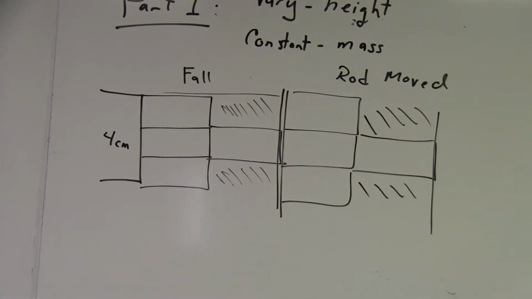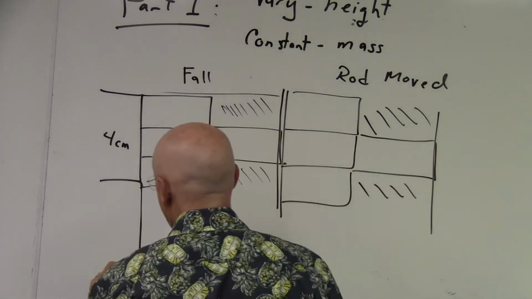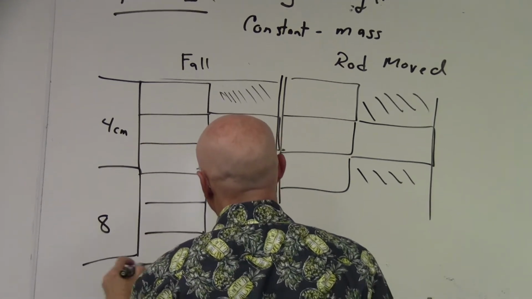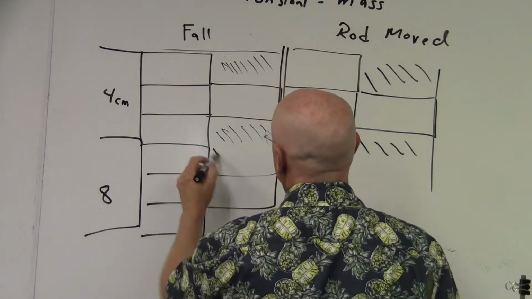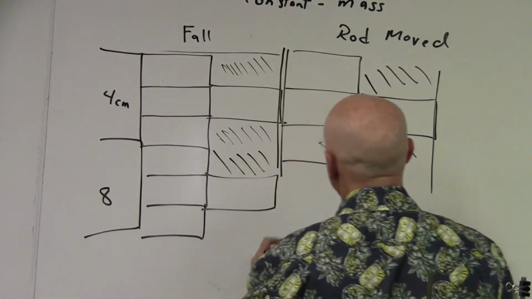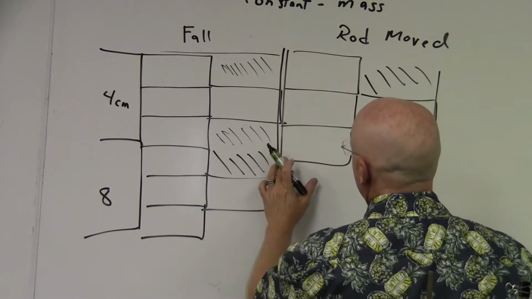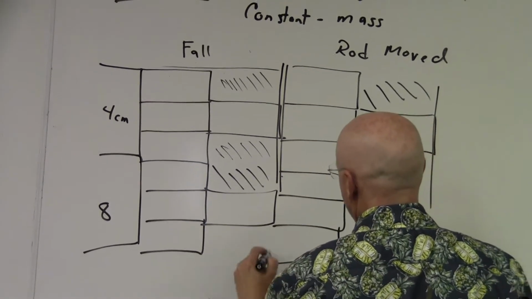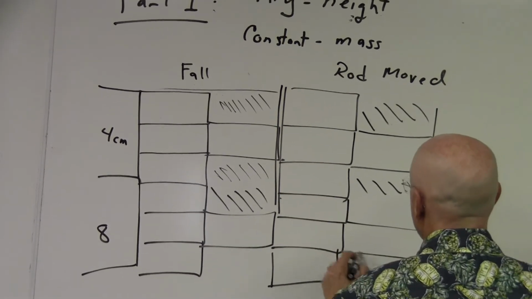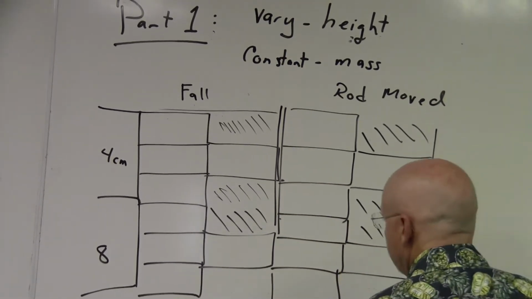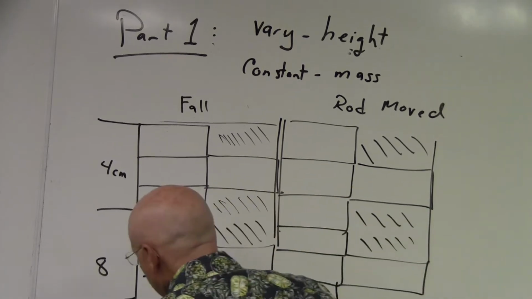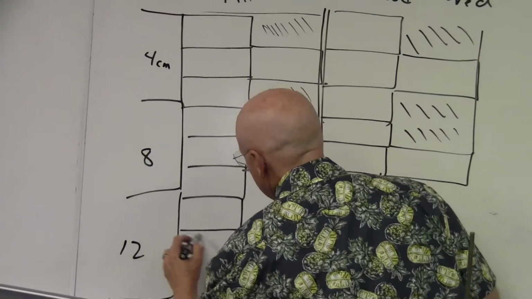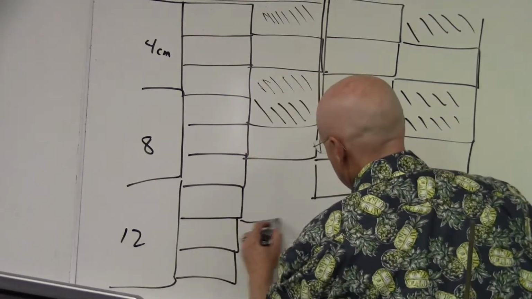And you have that same chart repeated for an 8, so 1, 2, 3, average, part of the gray. Maybe I made that box a little too big. 1, 2, 3, average, part of the gray. Then you'll see it asks you to do a third time. Here's the 12, and it's got another 3. So 1, 2, 3.